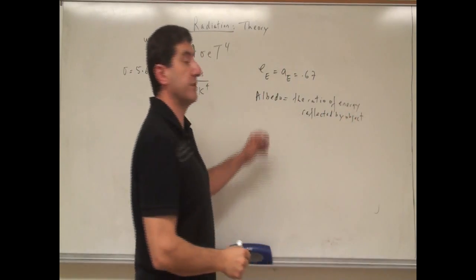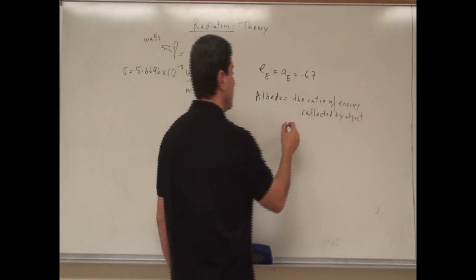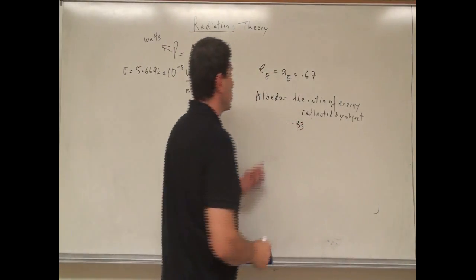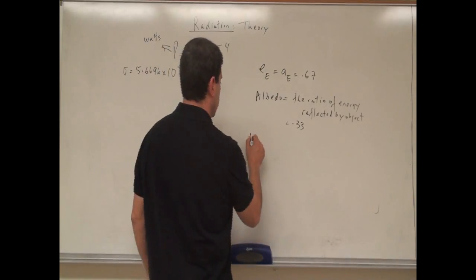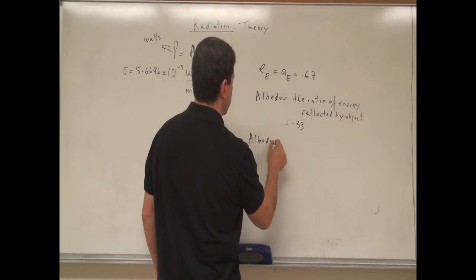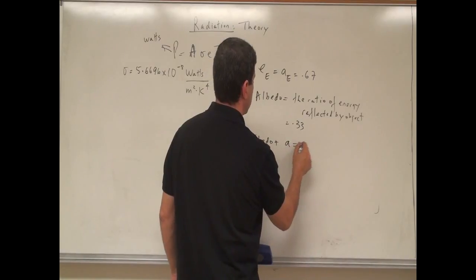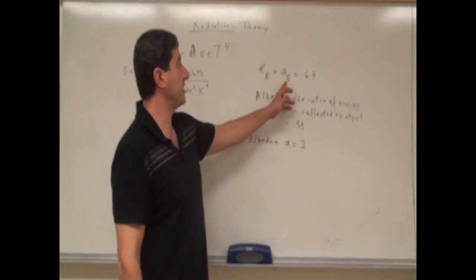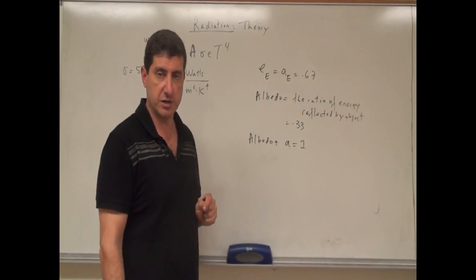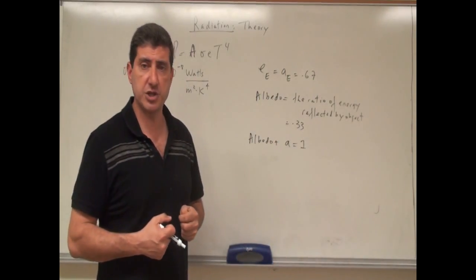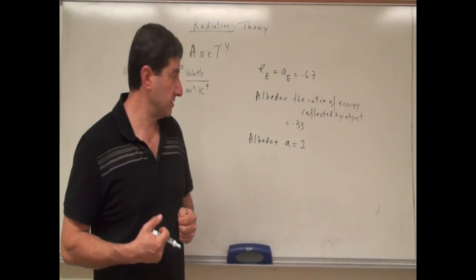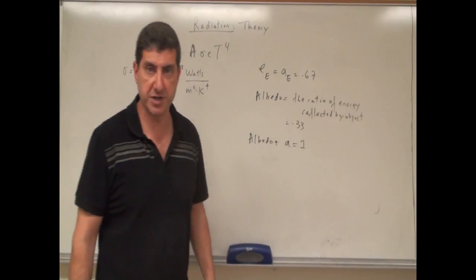And the albedo of the Earth is roughly 0.33. So we can see the albedo plus the absorptivity is equal to 1. So the absorptivity is 67% for the Earth. So the Earth absorbs 67% of the energy that it receives from the sun and reflects 33%.